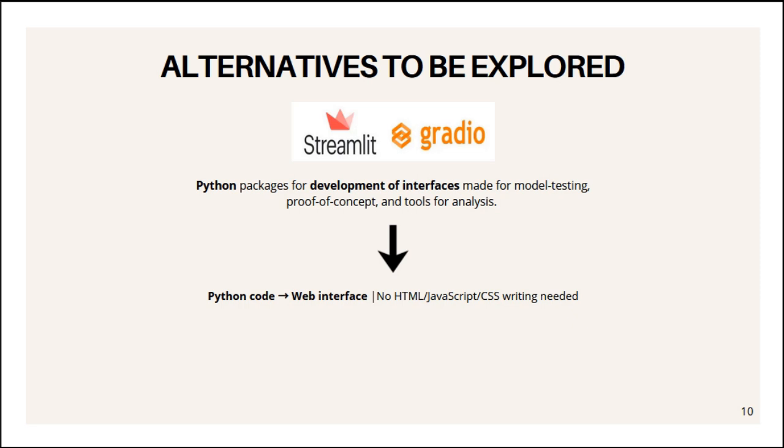Each package allows the creation of an interface, and there is absolutely no JavaScript, no CSS writing needed, and no HTML writing needed either. So you need absolutely no experience in web hosting to use it because both packages create the interface on their own and host it on their own on the web.